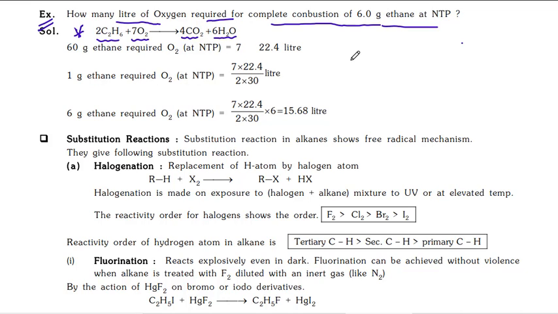So according to this, first you calculate the C2H6 molecular mass. C2H6 molecular mass is 24 plus 6, that means 30. So 2 moles means 60 gram ethane react with 7 into 22.4 liters of oxygen.